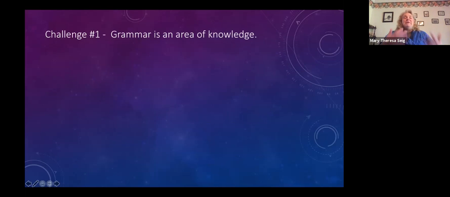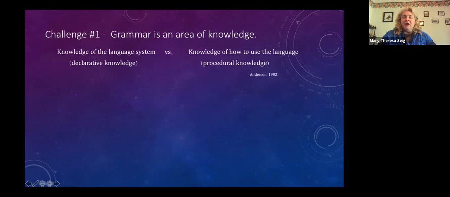So I'd like to move into one of the myths about grammar. And we're going to challenge the idea and challenge the concept that grammar is an area of knowledge. Okay? Now, obviously, grammar is an area of knowledge, right? We can have knowledge of a language system, and we can have knowledge of how to use the language system.